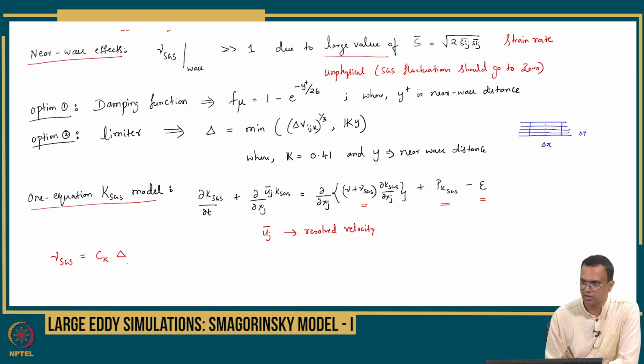So you still need a velocity scale, right? The velocity scale can come easily from k_SGS itself because you are computing for k_SGS. So you can use square root of k_SGS. So that makes this meters per second, meter square per second.